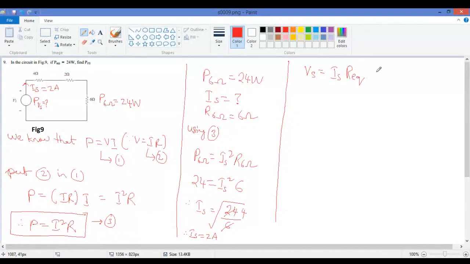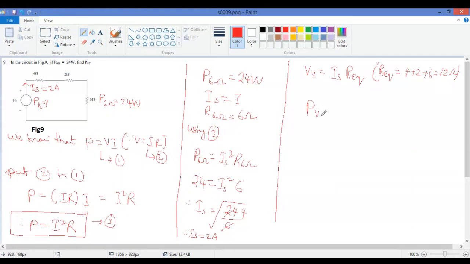We know that for the R equivalent, all these three resistances are in series. So 4 plus 2 ohms plus 6 ohms will give us 12 ohms. So R equivalent is 12, and we know Is, we can easily find out Vs. Oh, not Vs, we have to find out power across Vs. So how do you find out power across Vs?